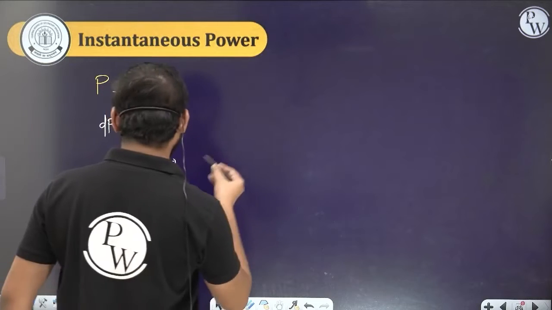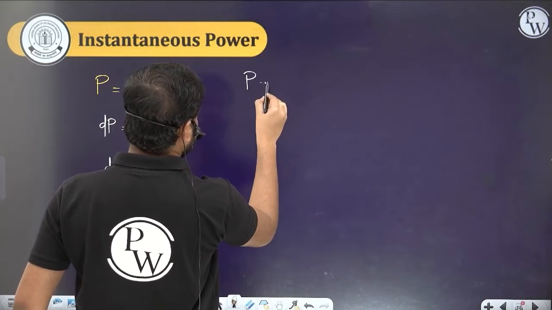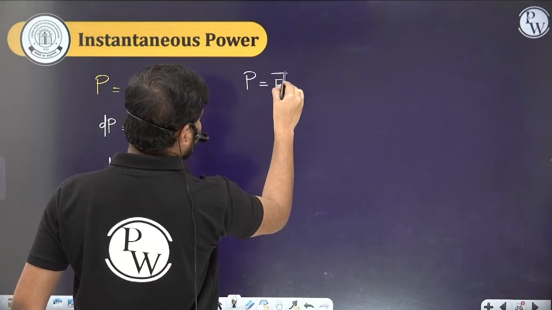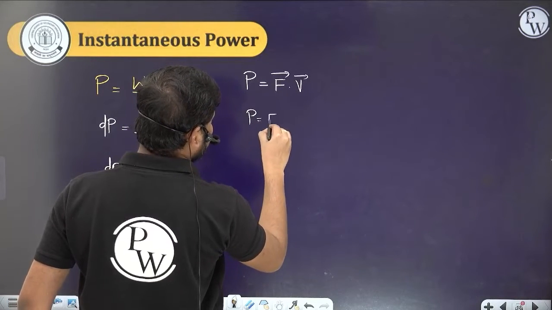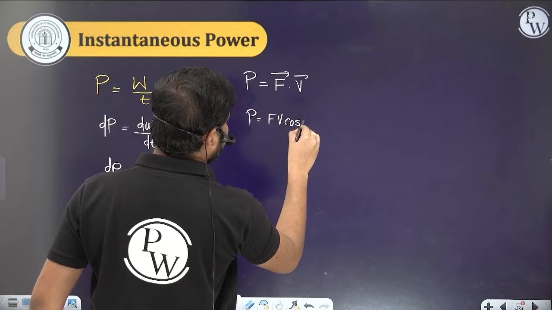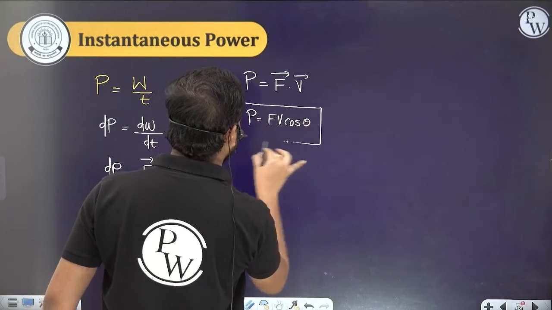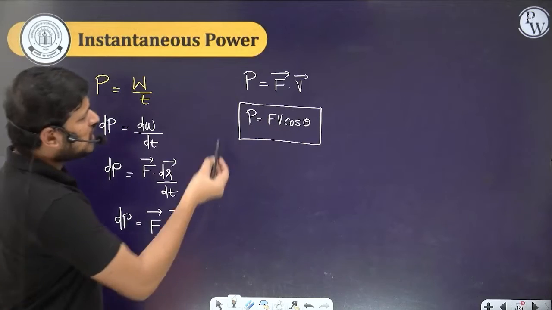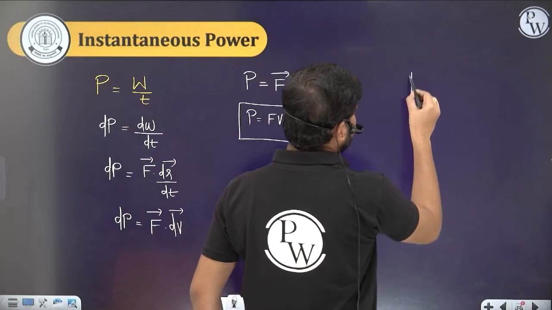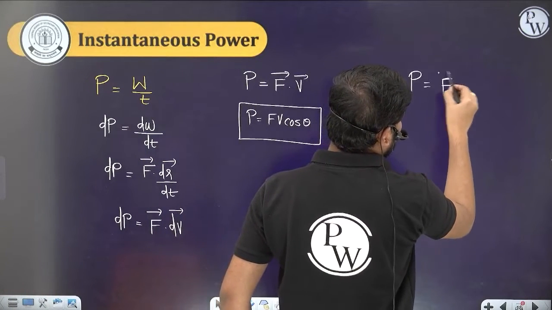If I integrate it on either side, then P will be equal to F dot v, or we can write the power as Fv cos theta, where theta is the angle between force and velocity, yes or no? Or else you can also write this as P equals F dot v.